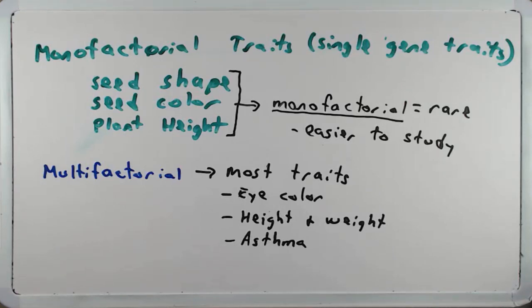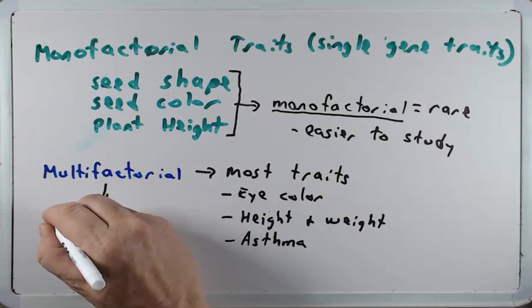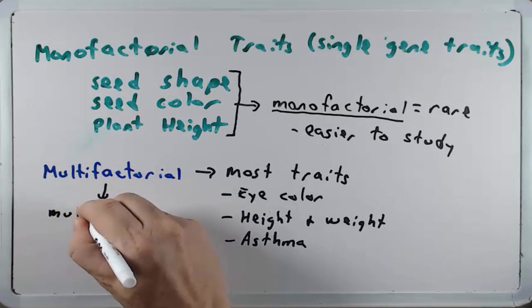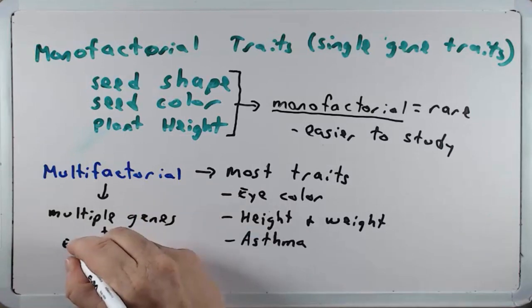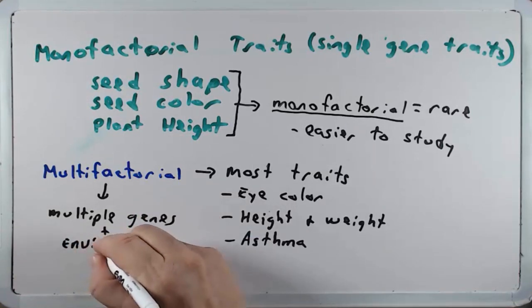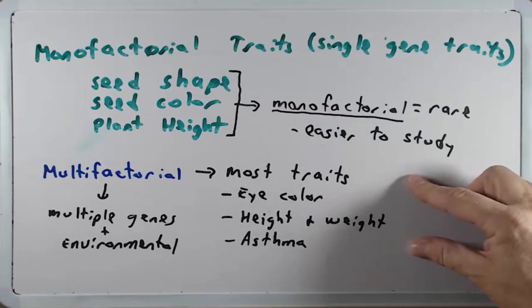I should have said this when I first introduced multifactorial, but I want you to know that multifactorial traits are caused by a combination of multiple genes plus usually environmental conditions. And as I mentioned, we'll spend more time talking about multifactorial traits and how we study them.